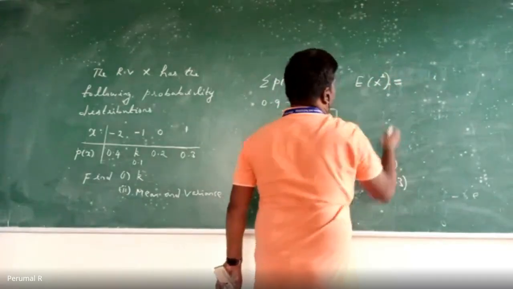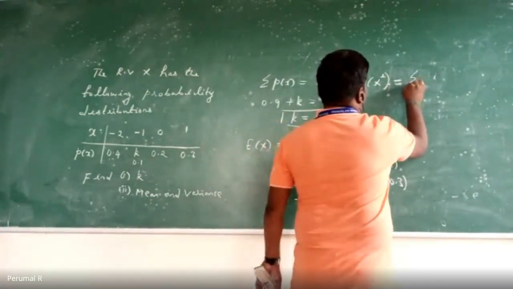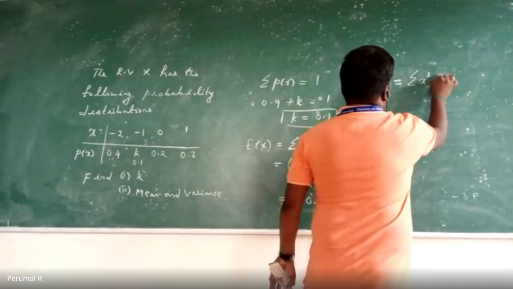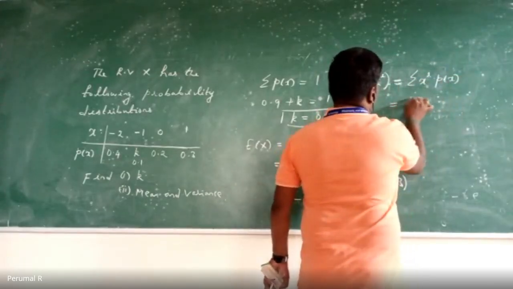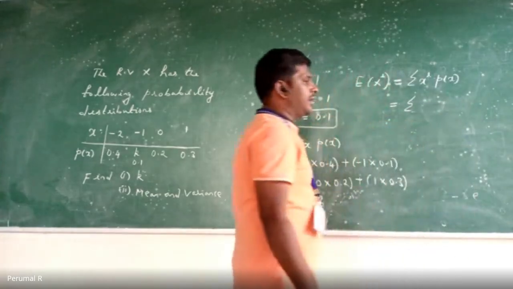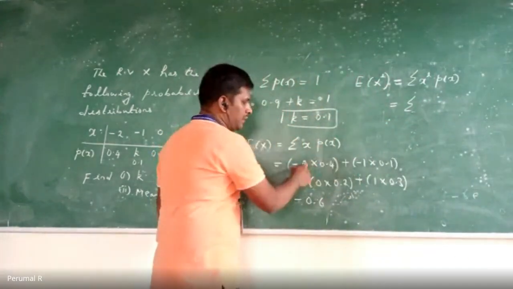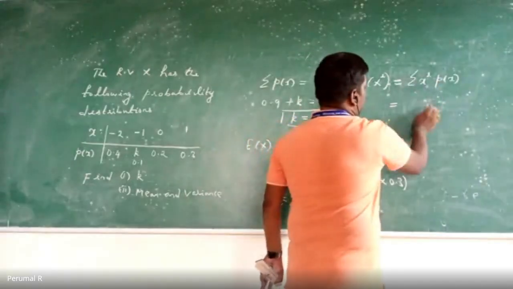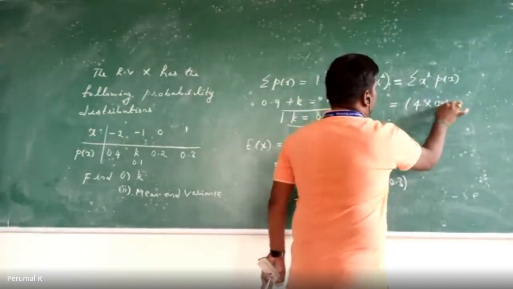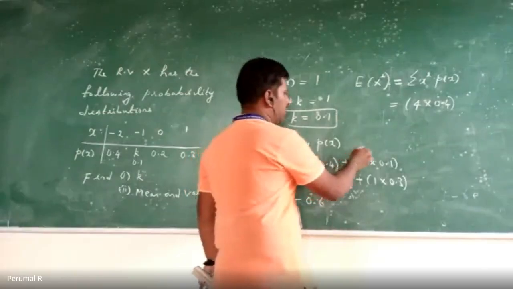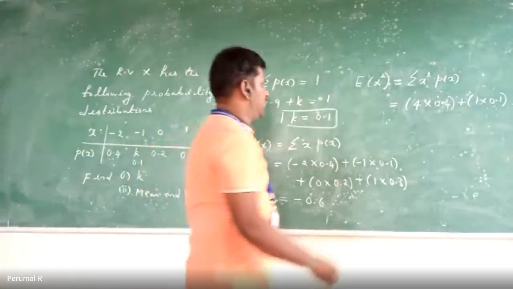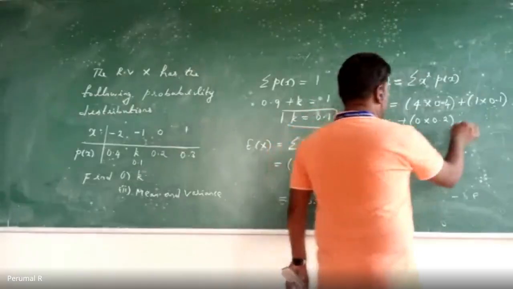Next one, expectation of X squared. Expectation of X squared is nothing but the sum of X squared into P of X. If you square all your X values, you get 4 into 0.4, 1 into 0.1, 0 into 0.2, and 1 into 0.3.